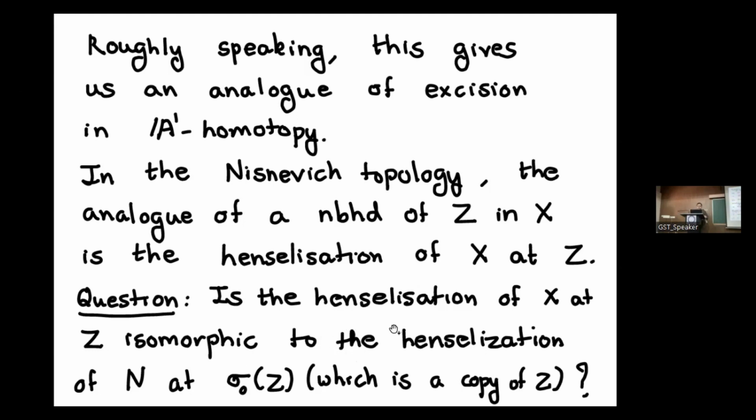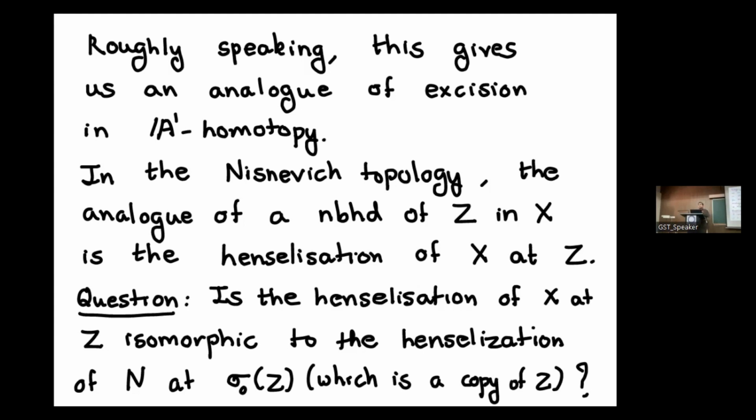So the question I might ask is: is the henselization of X at Z isomorphic to the henselization of N at sigma Z? That seems reasonable, right? What is the tubular neighborhood theorem saying? That near Z, X looks just like the normal bundle, right?